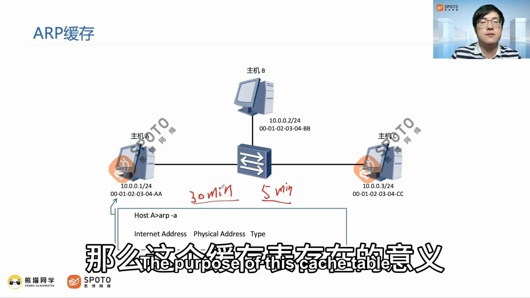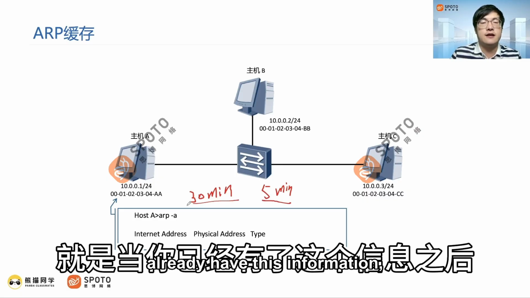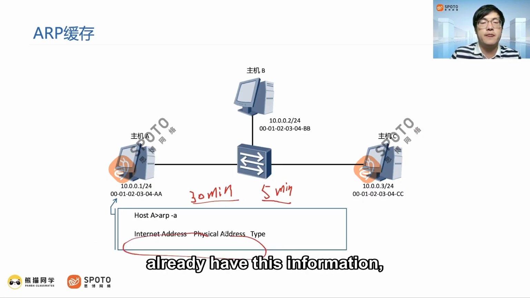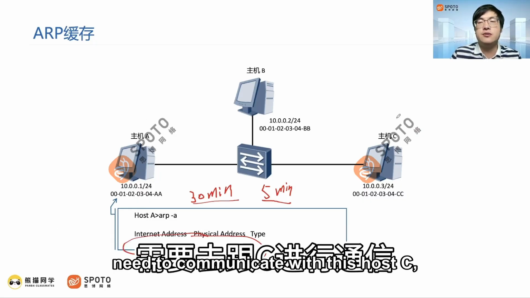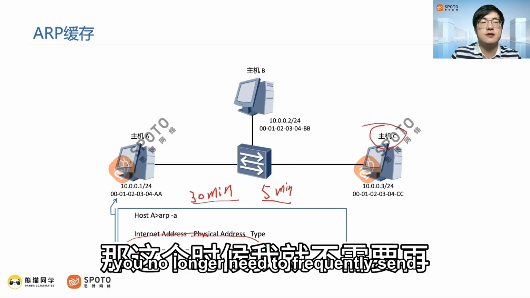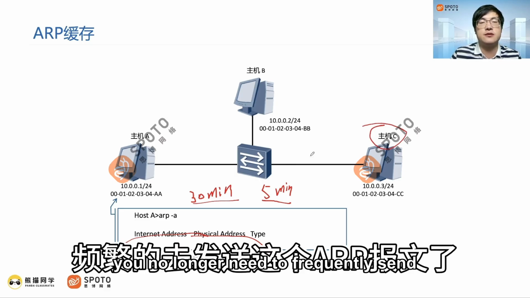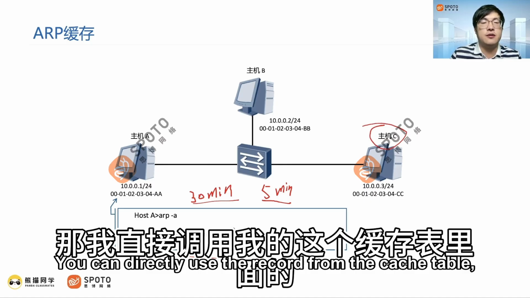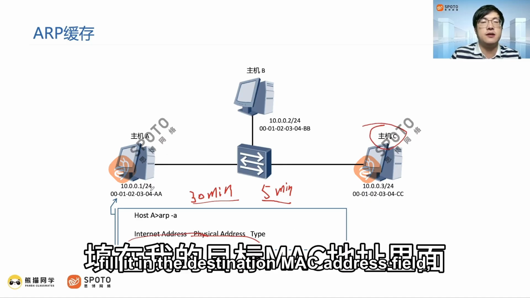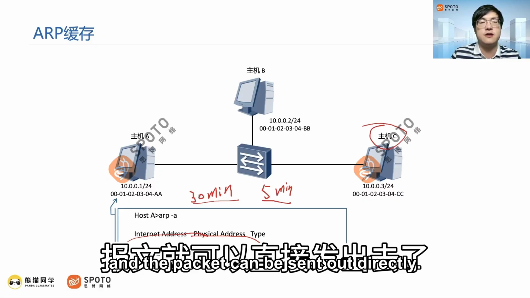The purpose of this cache table is that once you already have this information, it is placed in the cache. If subsequent packets need to communicate with this host C, you no longer need to frequently send ARP packets. You can directly use the record from the cache table, fill it in the destination MAC address field, and the packet can be sent out directly.